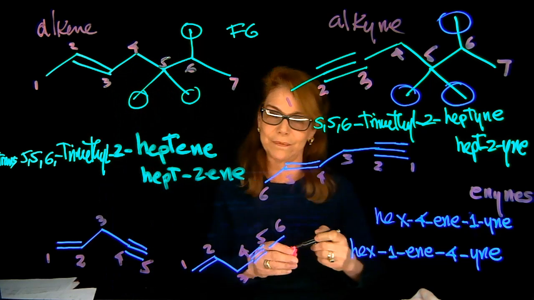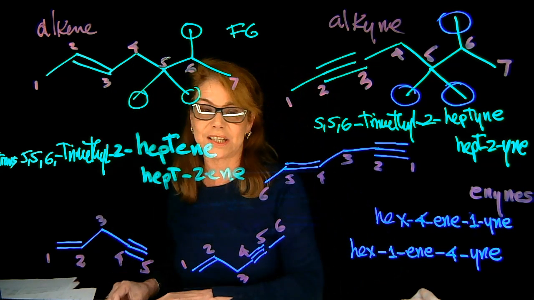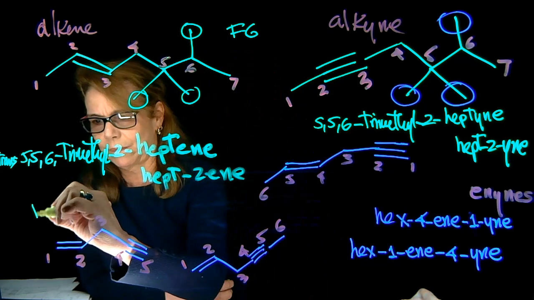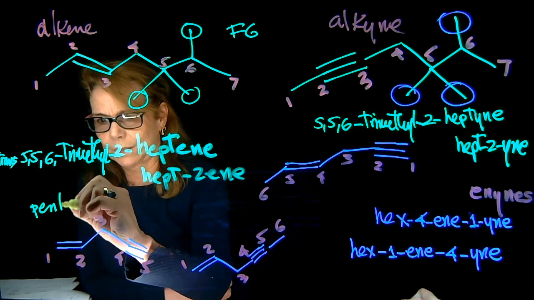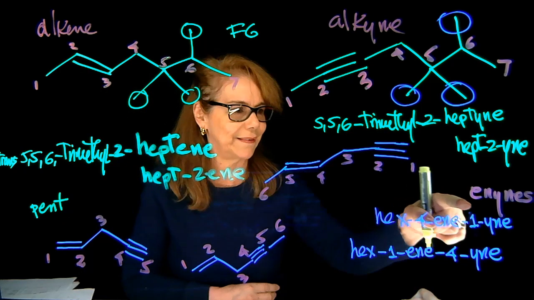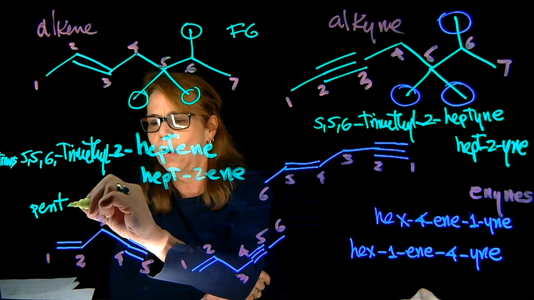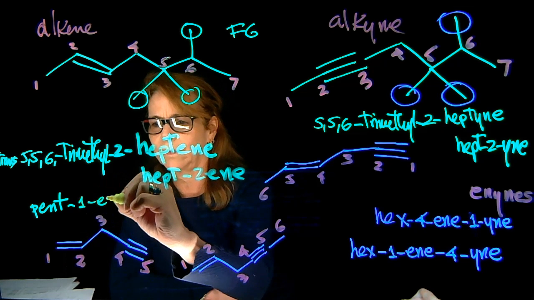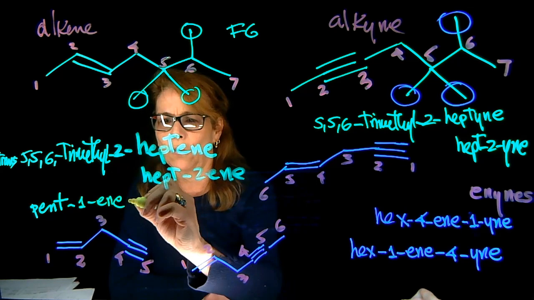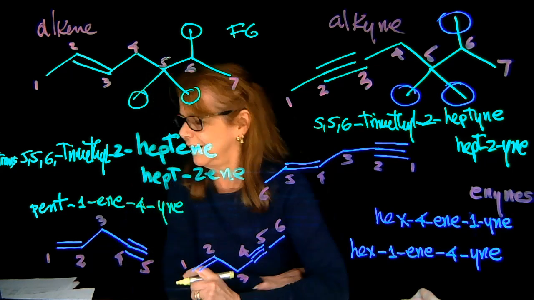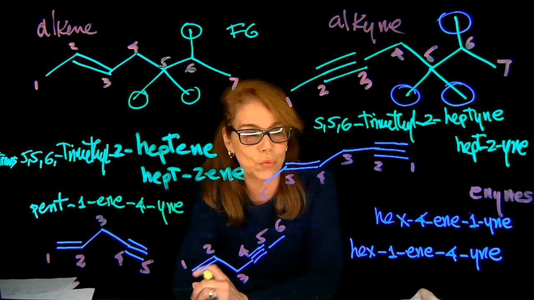So this time the prefix is pent. So we're going to say pent on that. And then when you say where the ene is, the ene taking priority is 1-ene and 4-yne. So that's how you break it.